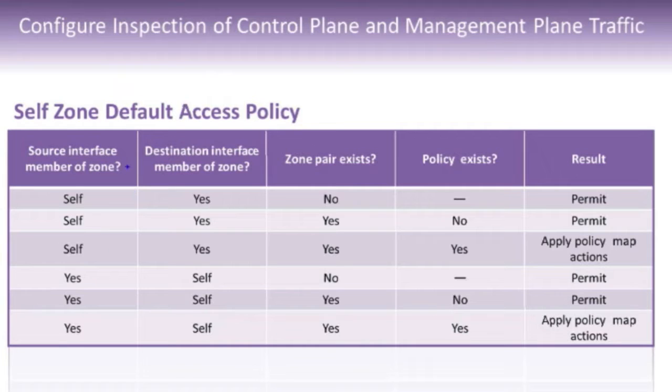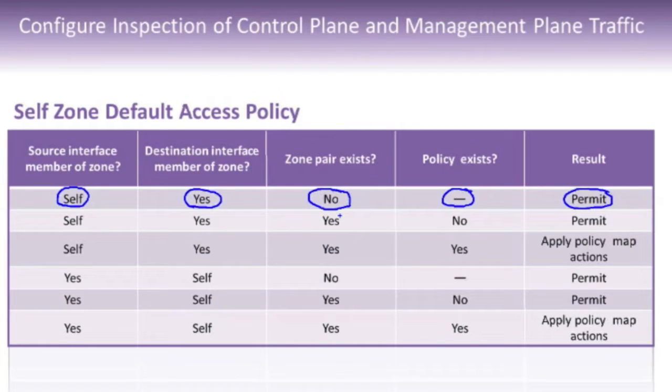If the source interface is a member of the SelfZone, okay, and the destination interface is a member of some other zone, and there is no zone pair in existence, and therefore no policy in existence, the resulting action is that we permit the traffic. I guess this is a way of saying that the SelfZone can communicate with any interface that's in any other zone. Yes, in fact, that's exactly what it's saying.